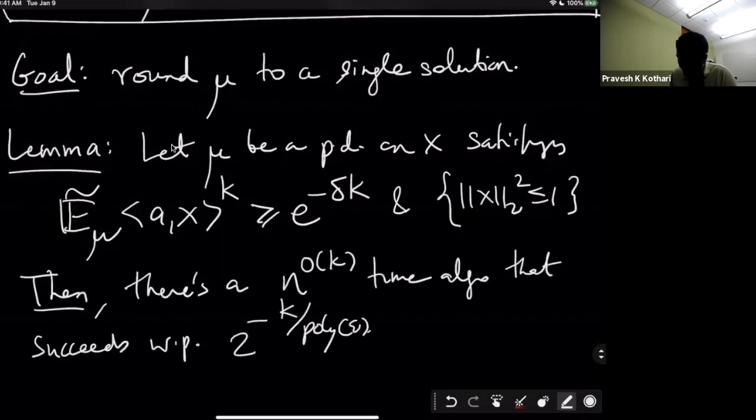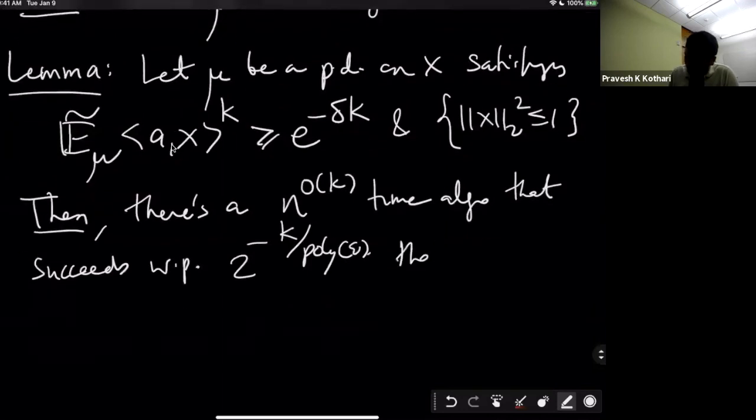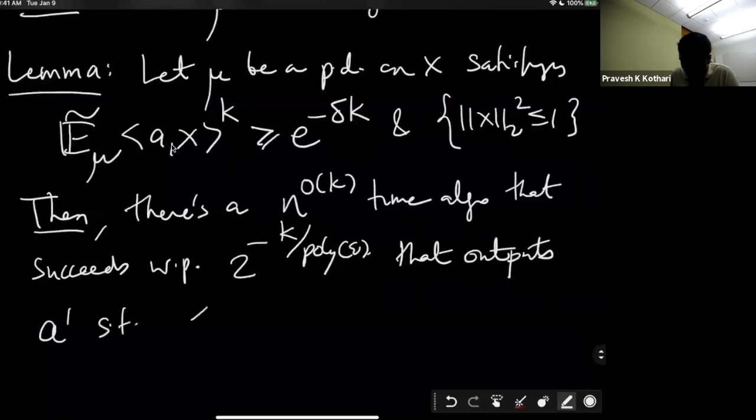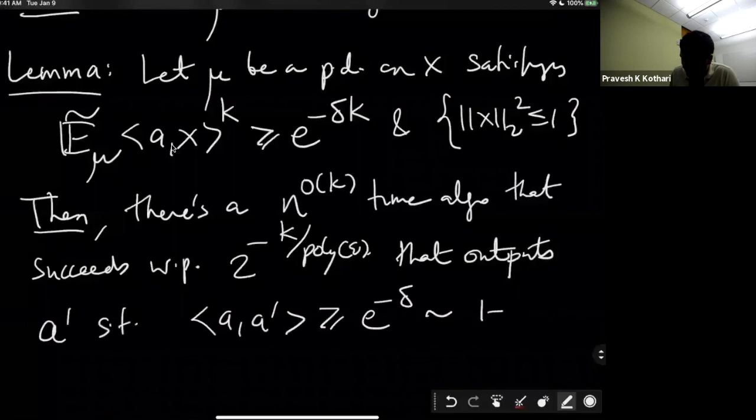I think this in fact is just epsilon square, that outputs A prime such that A dot A prime is at least e to the minus delta, which is 1 minus delta.